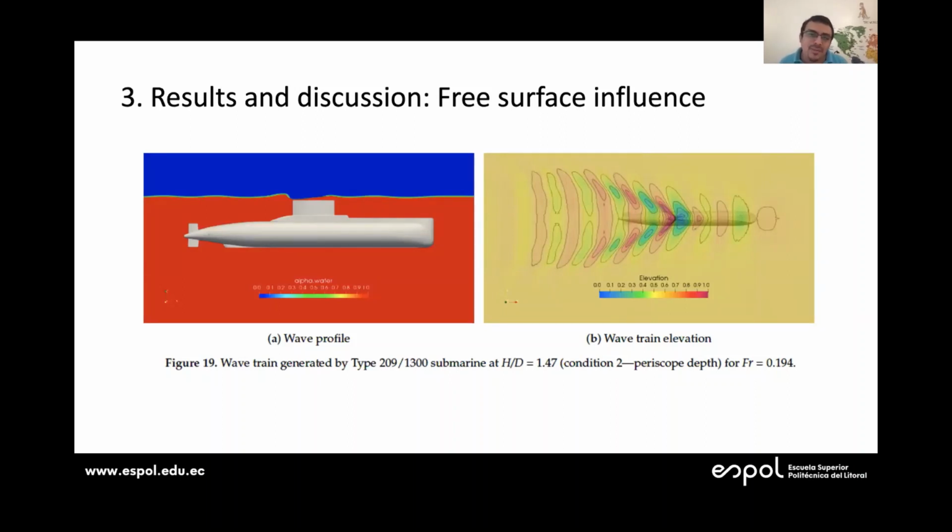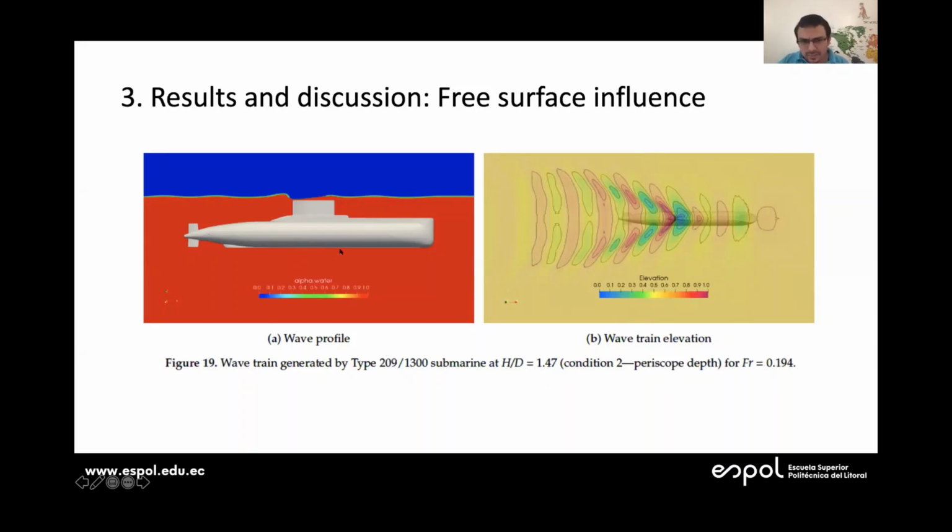So what is the free surface influence on the flow field along the hull? This condition was our near free surface condition, the periscope depth at the same Froude number.